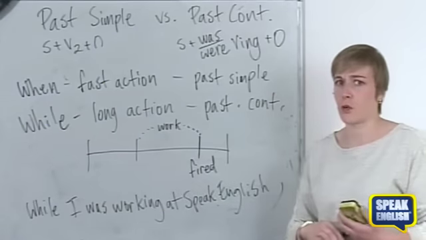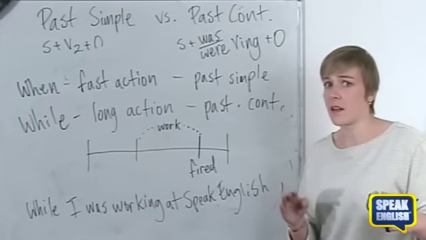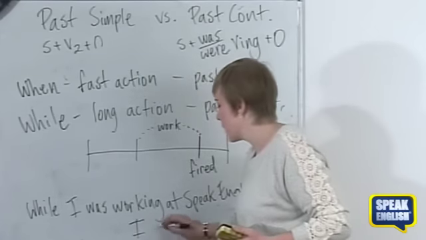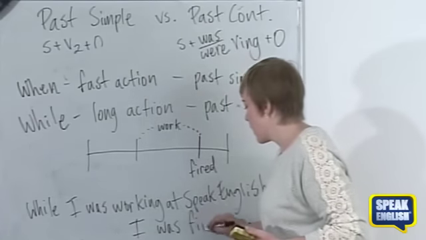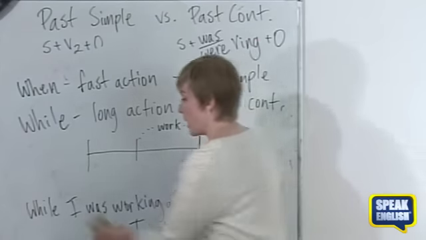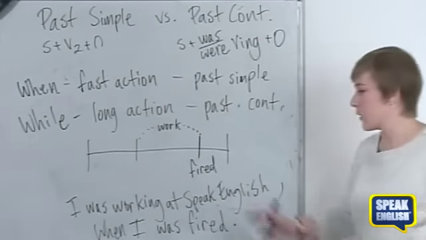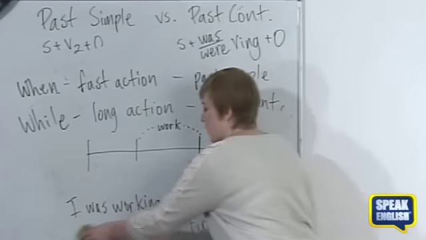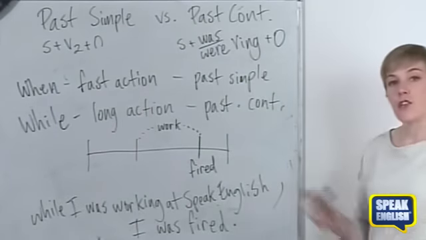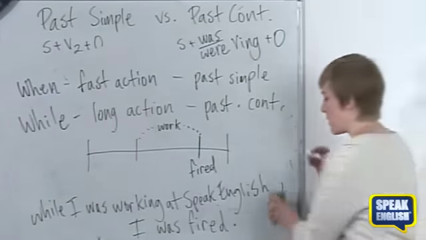Again, that's a fast action. You come to work, you make a mistake, they say bye-bye, see you. So we'll use past simple. I was fired. And again, I can use when, so I can erase while. I was working at Speak English when I was fired, or while I was working at Speak English, I was fired. No problem, doesn't matter.